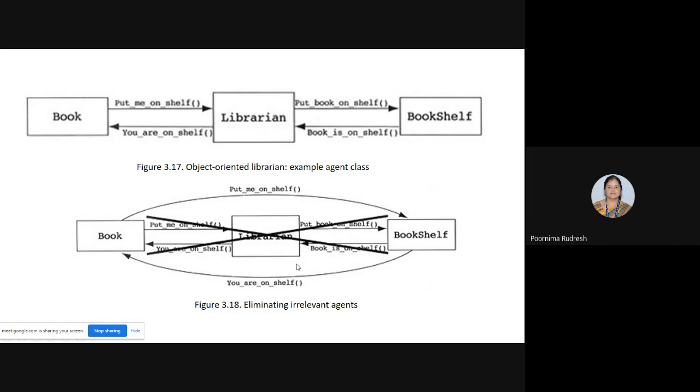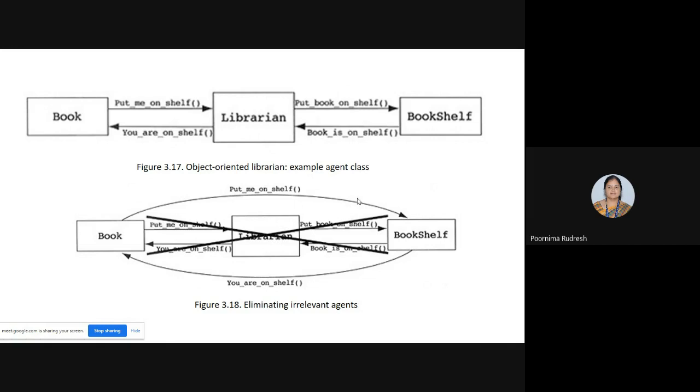The number of messages exchanged between book and bookshelf is reduced to 2. Okay, no problem. But additional responsibility cannot be performed by these two. If we want to add additional responsibility, then we have to add it to these two classes. But if we go on adding additional responsibility only to these two classes, then the complexity increases.